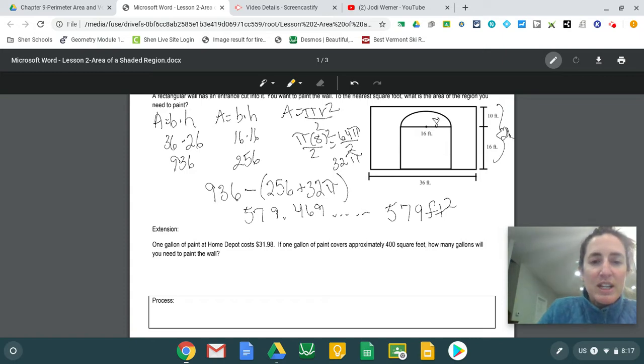Great, we're going to go to Home Depot now, but nobody should really go there because we're all quarantined. One gallon of paint at Home Depot costs $31.98. If the gallon covers 400 square feet, how many gallons will we need?